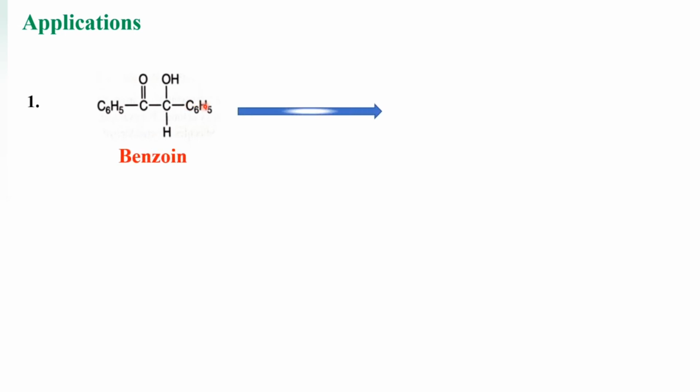Now we'll see the applications of this benzoin. The first one: benzoin undergoes oxidation in the presence of copper sulfate, pyridine and water.